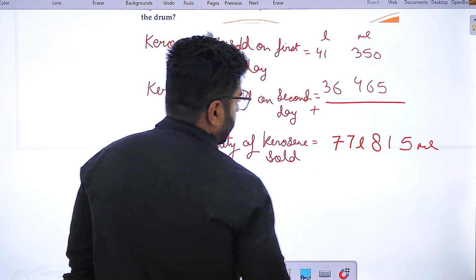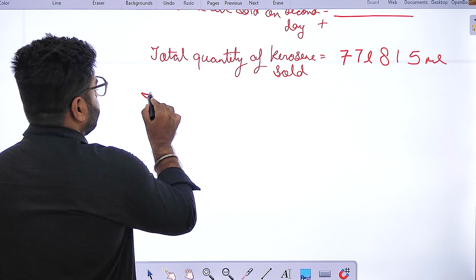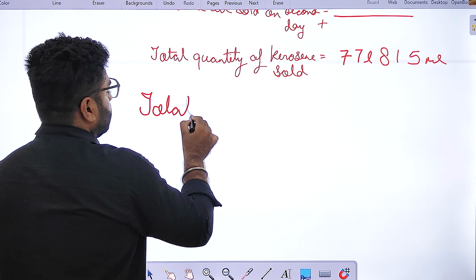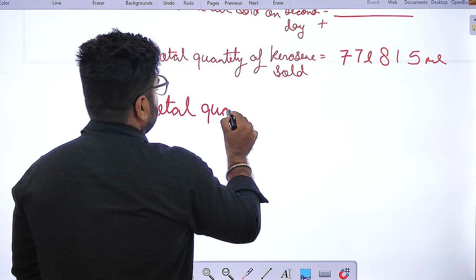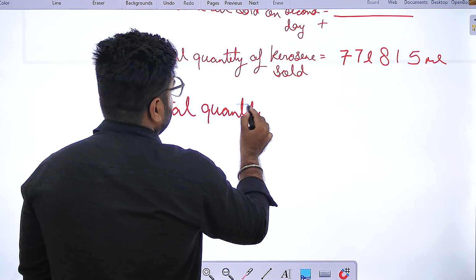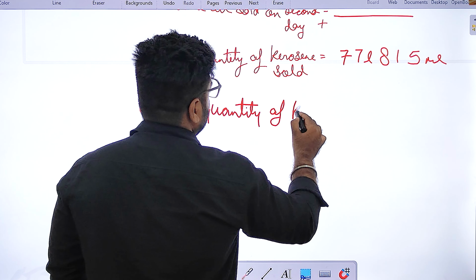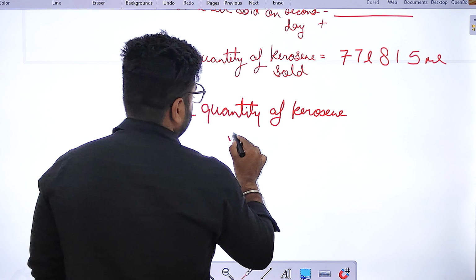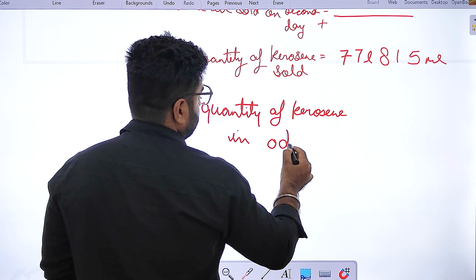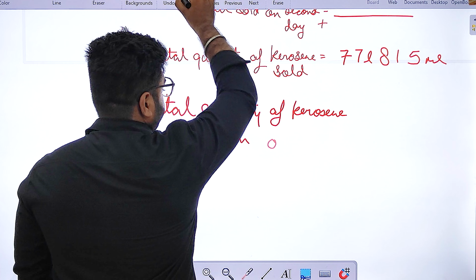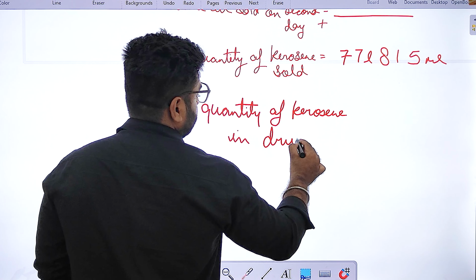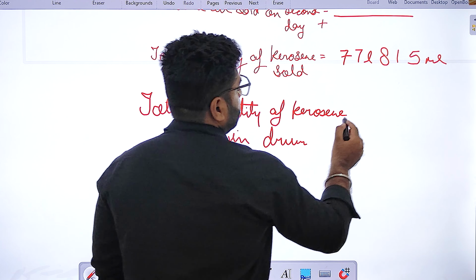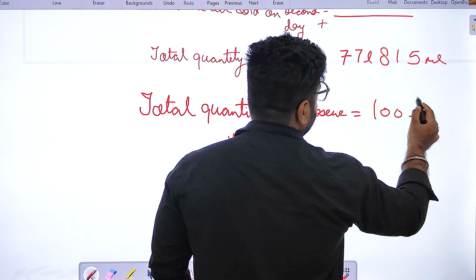Okay. So now we are having total quantity of kerosene in drum. That is 100 liter.